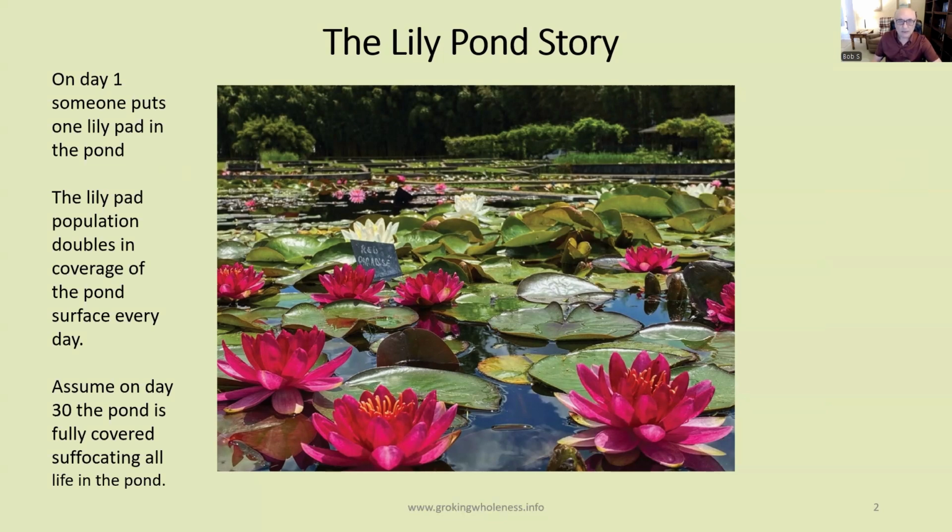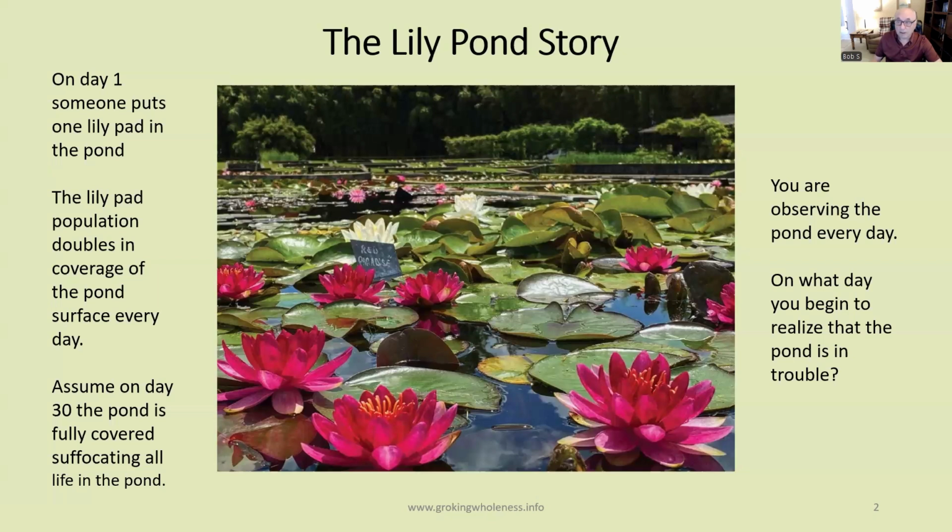Let's assume that the lily pad population doubles in coverage on the pond surface every day. And let's also assume that on day 30, the pond has been fully covered, suffocating all life in the pond. So you're sitting on the shore observing the pond every day. On what day do you begin to realize that the pond is in trouble?